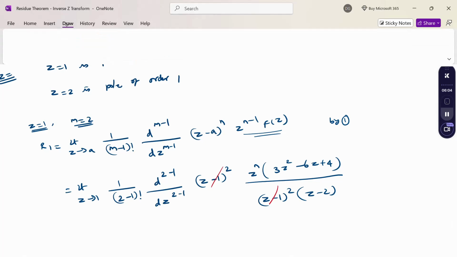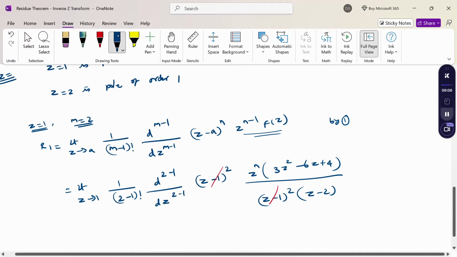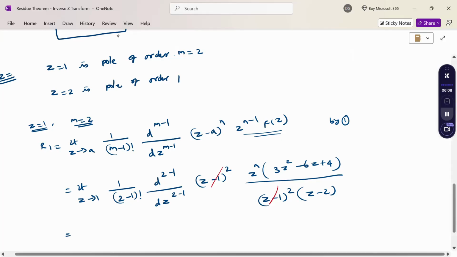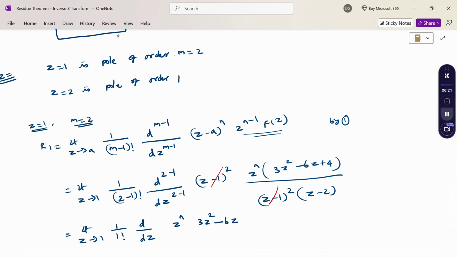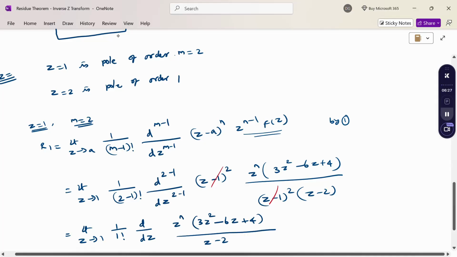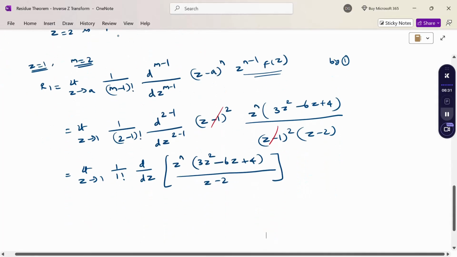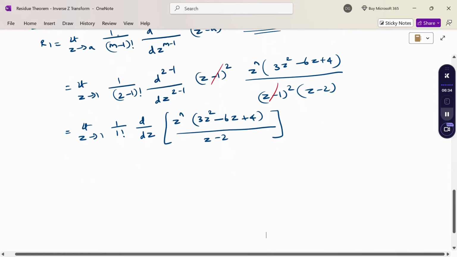Cancelling these two, the value is the limit as z tends to 1 of 1/1! d/dz of z^n (3z² − 6z + 4) divided by (z − 2). First differentiate with respect to z, then substitute z tends to 1.